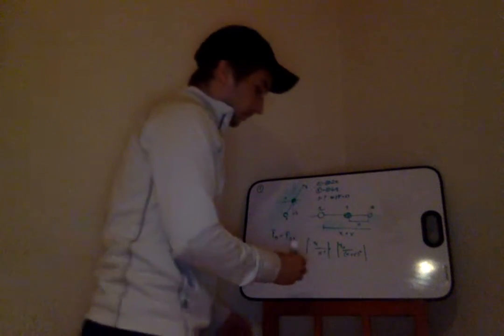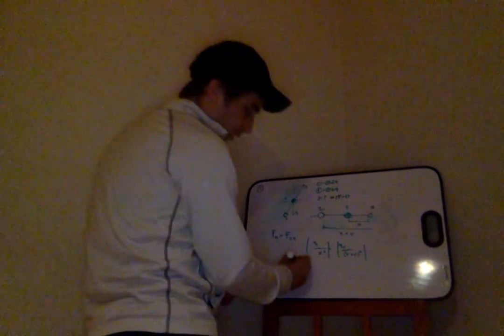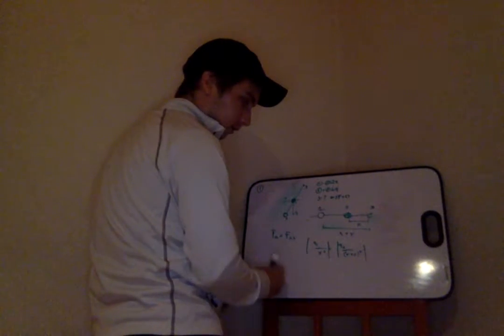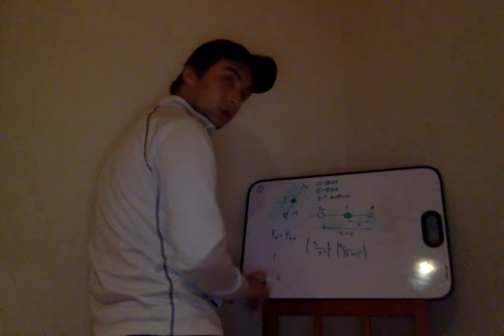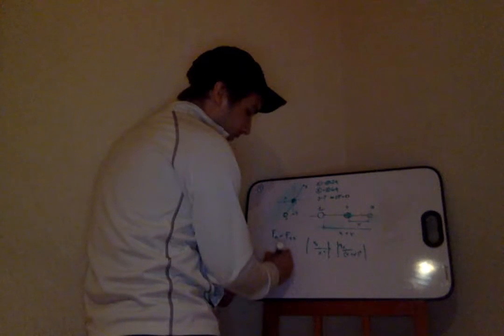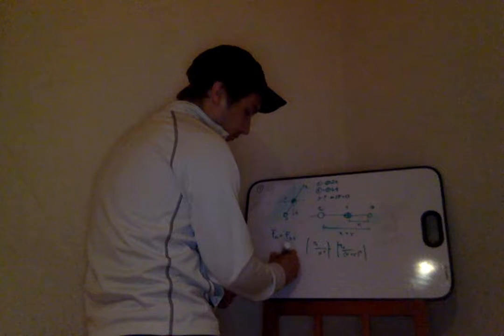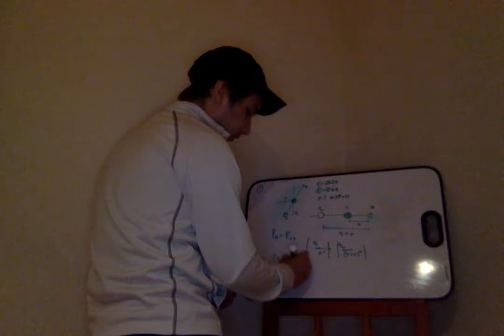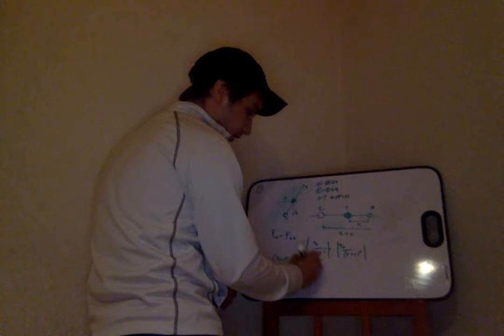So we have this quadratic equation: x plus r squared multiplying q1 equals x squared multiplying q2.